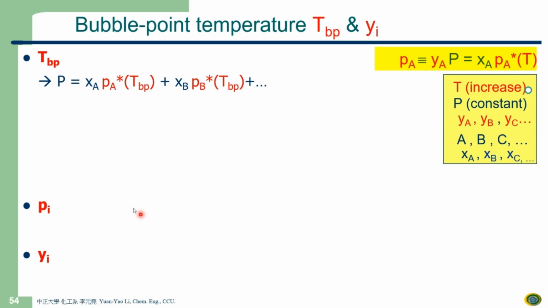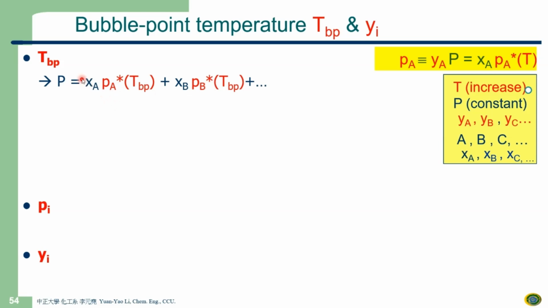The key is that before you do the calculation of how you are going to determine the bubble point temperature, you have to add up all the partial pressures together. So this is the equation you want to know: P equals xA PA star plus xB PB star. Why does this happen?